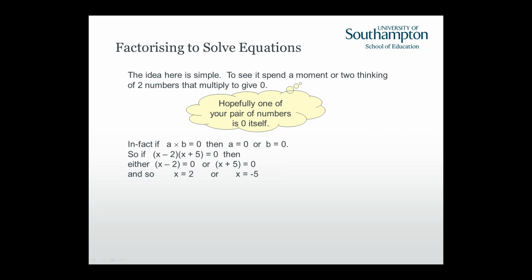So that means that for any two numbers multiplied together to give 0, either A must equal 0 or B equals 0. So when we have a quadratic, we factorise it into two brackets and it's equal to 0, then that means that either x minus 2 equals 0 or x plus 5 equals 0. And we use that to rearrange so that the 2 goes over, so that x equals 2 or x equals minus 5.